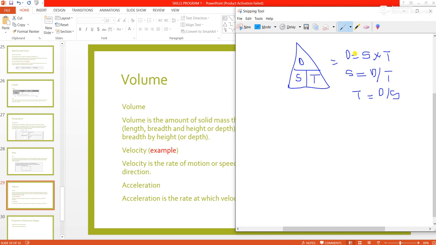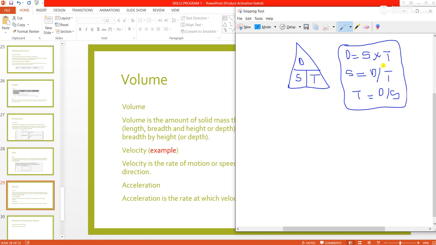This is the easier way to get your answer in terms of what is required. You would be required to determine the distance or the speed or the time. So these are the formulas you can use in terms of velocity, the rate of motion or speed.